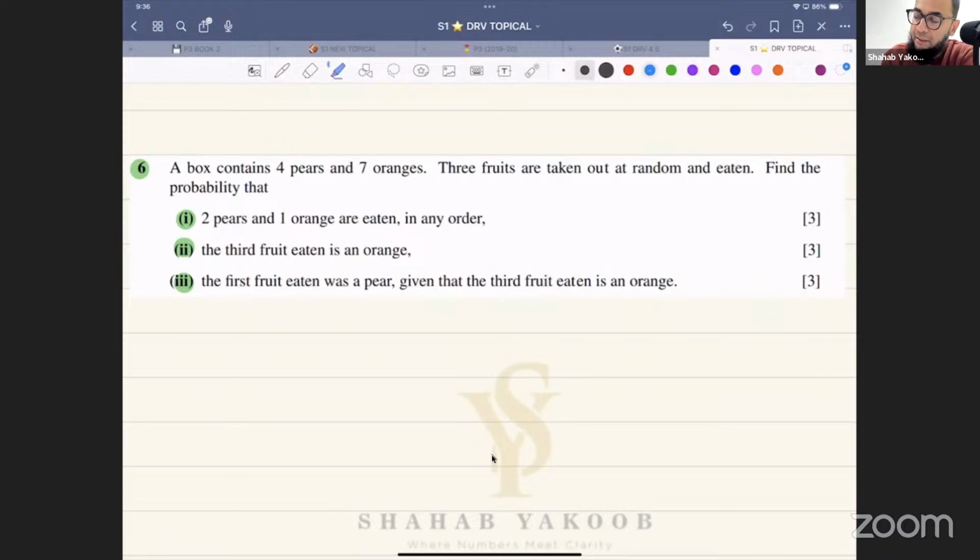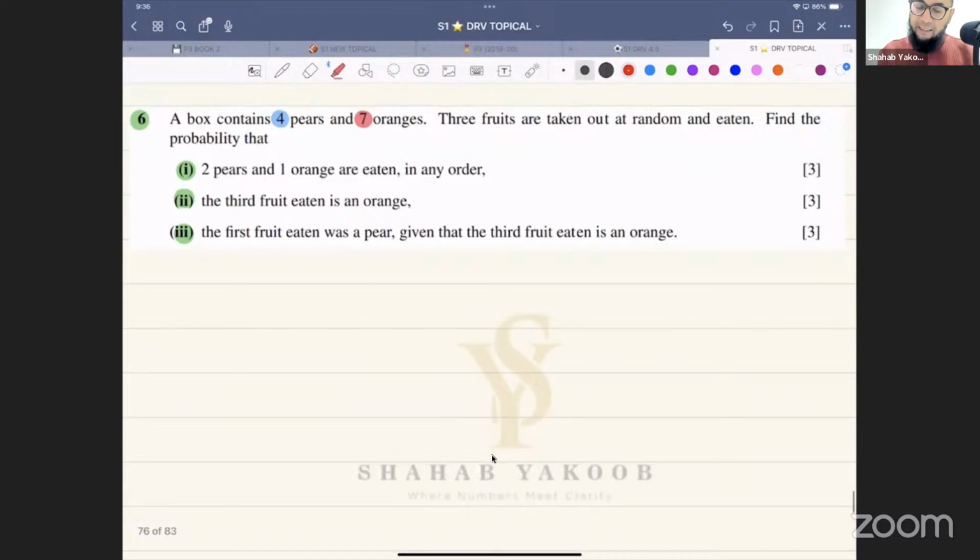The pears are blue in color and the oranges I'm labeling as red. Now 2 pears and 1 orange are eaten in any order. I can do 2 things. Either I can work it out using probability or I can work it out using combinations.